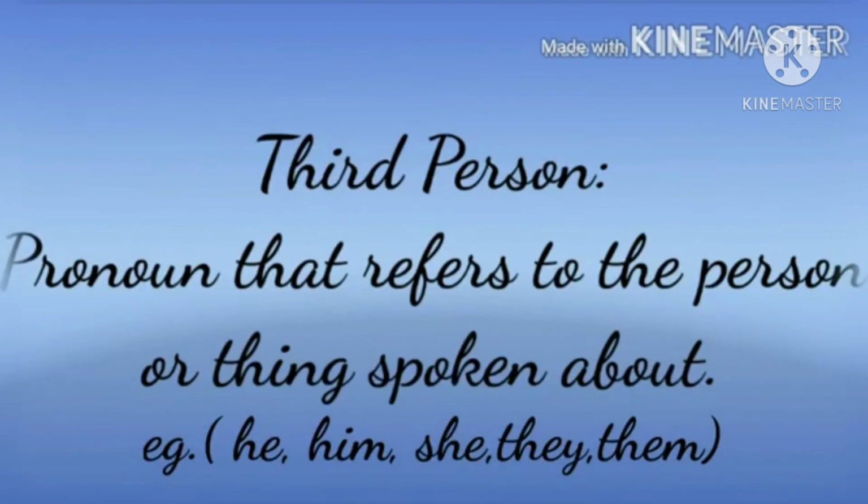Then we learned about third person pronoun that refers to the person or thing spoken about. That is third person. Example, he, him, she, they, them. Here, he, him, she and it are third person pronoun in singular and they and them are in the plural form.